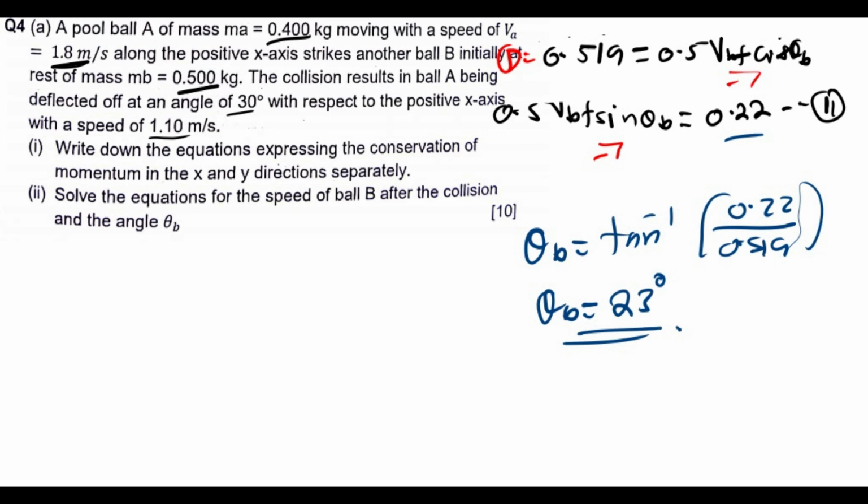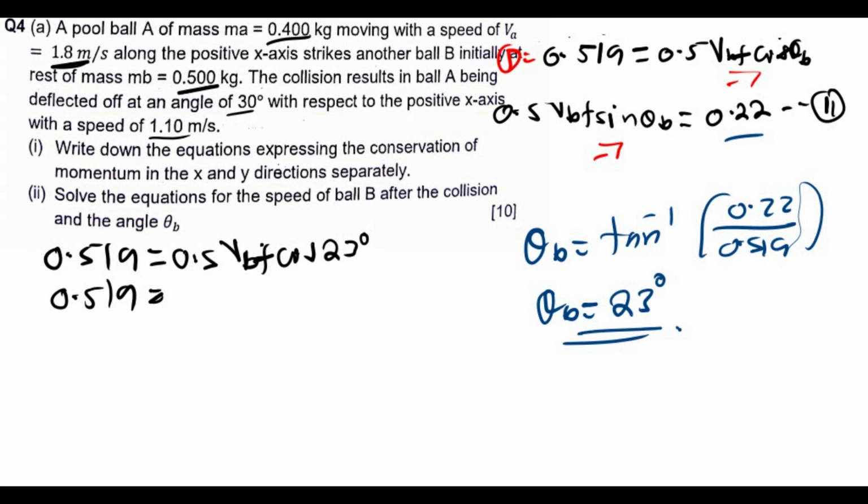So let me go with the first one. 0.519 is equal to 0.5 times VB final, which we don't know, times cos 23, because the angle I now know. So 0.5 cos 23 is 0.46025. So I'll just say 0.46 VB final.